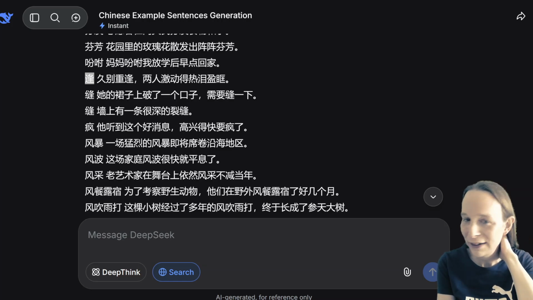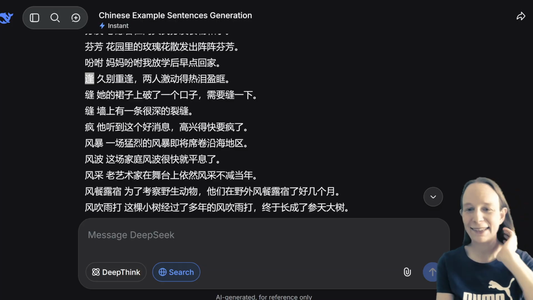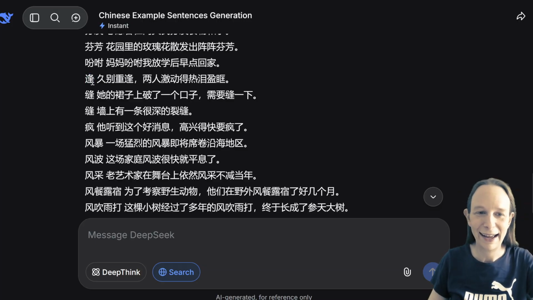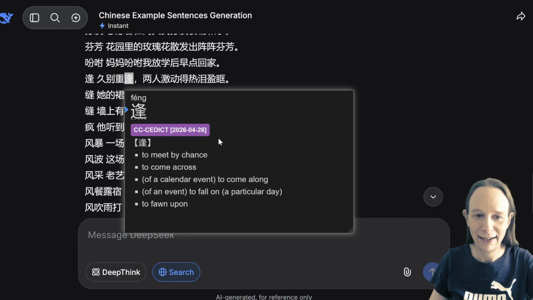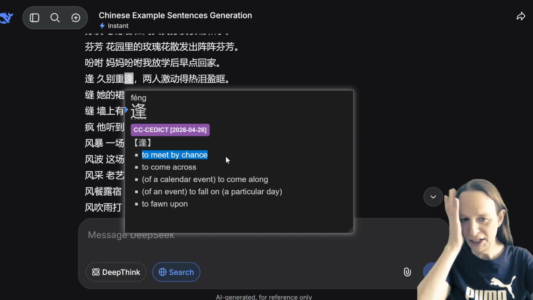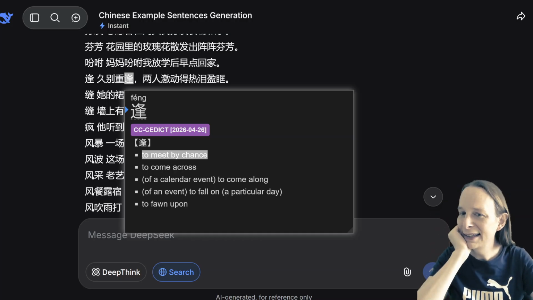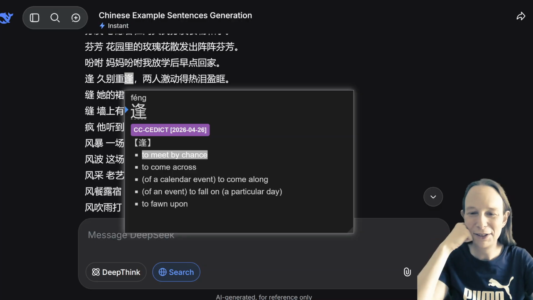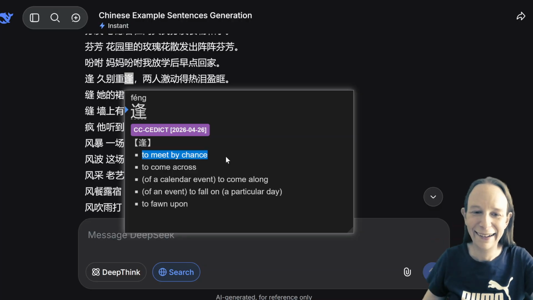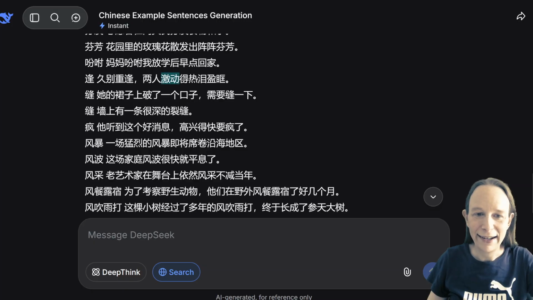It refers to an instance of meeting someone or being in a place at a certain time. 久别重逢, 逢 second tone, right? By chance? Yeah, you're meeting someone by chance, sort of. It's normally used kind of poetically, though. 两人激动得热泪盈眶. I wasn't expecting a 热泪盈眶.